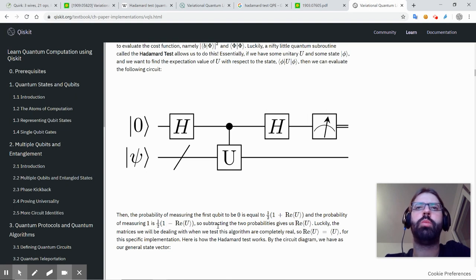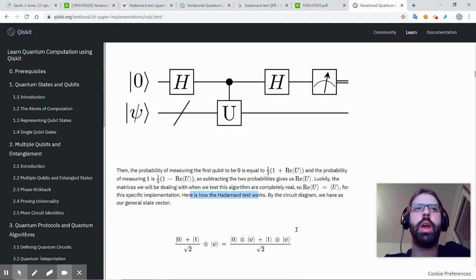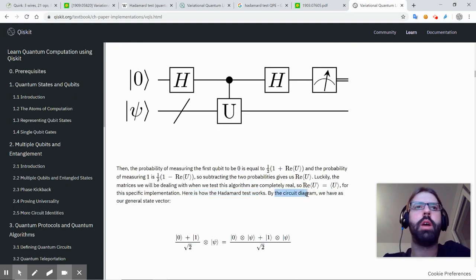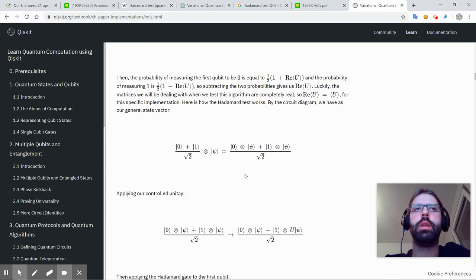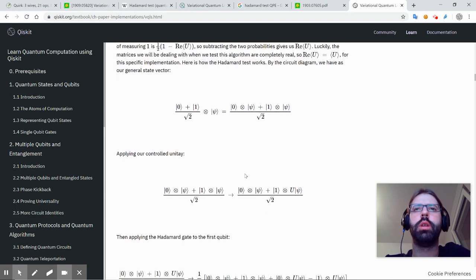So subtracting the two probabilities gives us the real part of u. Luckily, the matrices we'll be dealing with when we test this algorithm are completely real. Here's how the Hadamard test works. By the circuit diagram we have as our general state vector these, applying our controlled unitary.